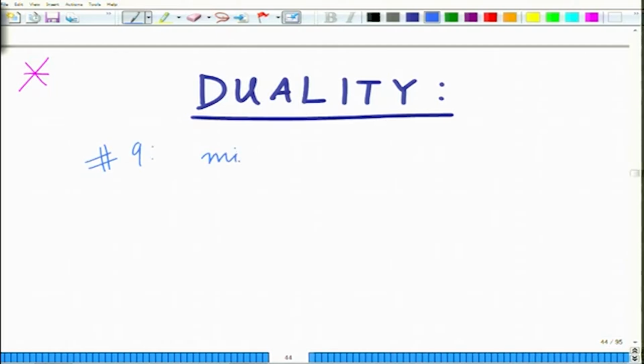We want to find the dual of the problem: minimize the maximum over 1 less than or equal to i less than or equal to m of ai bar transpose x bar plus bi.